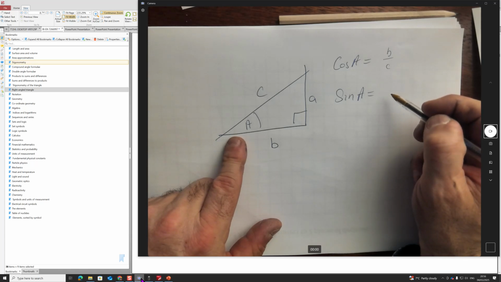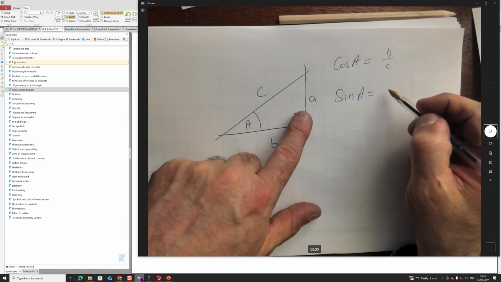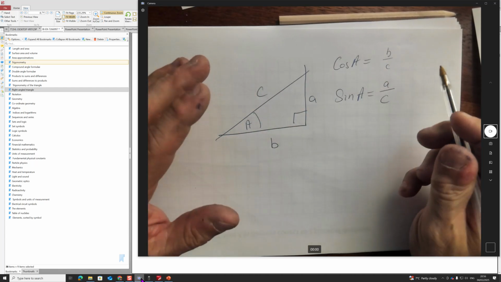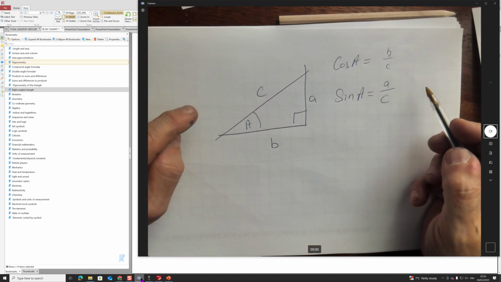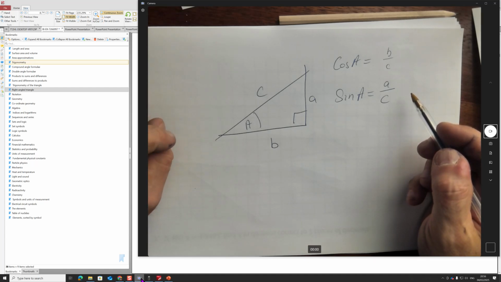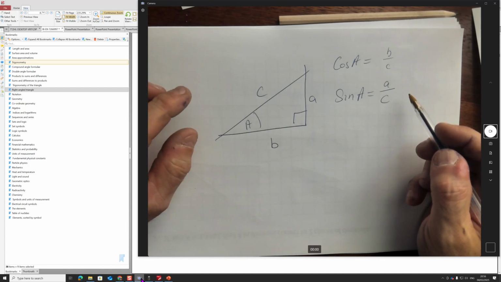So this is quite an advanced topic, but it's still within the junior cert remit. So sine of A equals A over C, because it's just combining trigonometry and a bit of fractions and so on.